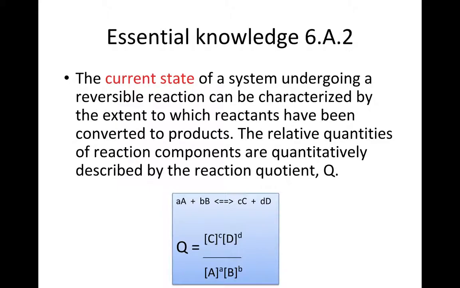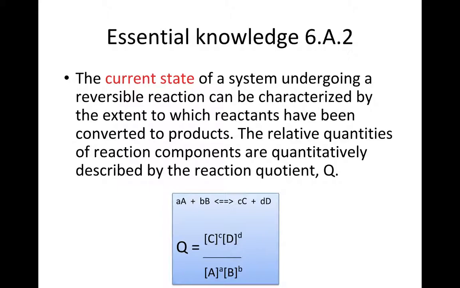So let's say we have a generic reaction that A plus B makes C plus D, and it's going to result eventually in some equilibrium situation, and we want to evaluate whether or not we're at equilibrium yet, and if not, what direction do we need to move to get to equilibrium?